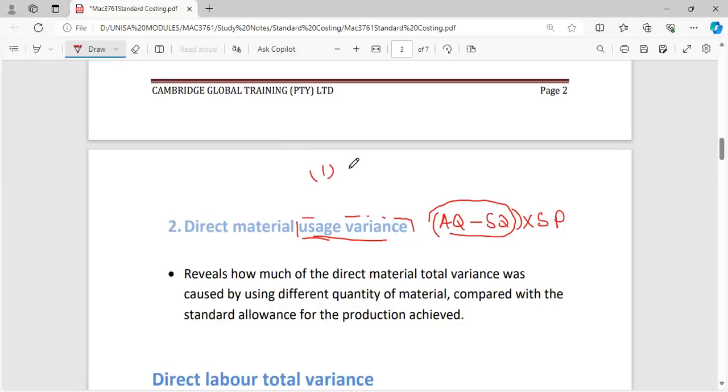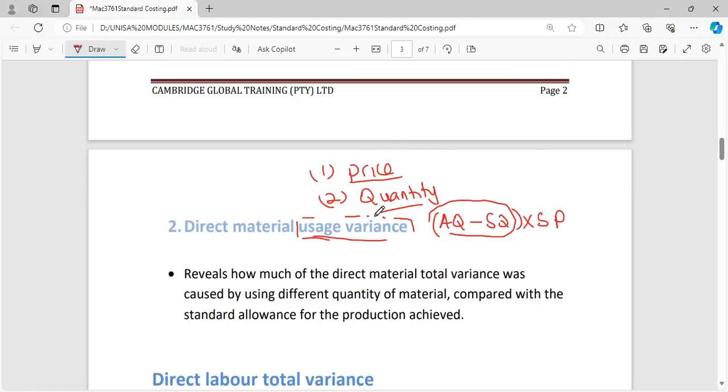One is price, two is quantity. So you will see that in all our standard costing, we're dealing with price and quantity. So what you should look at in the question is, am I dealing with a price variance? If it is a price variance, then you are looking at the difference between the actual price and the standard price.